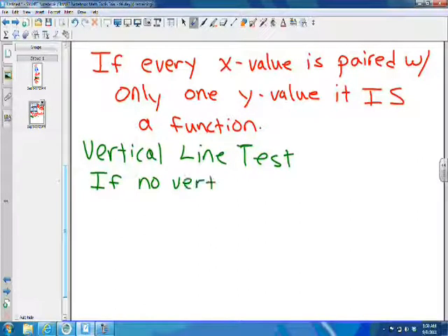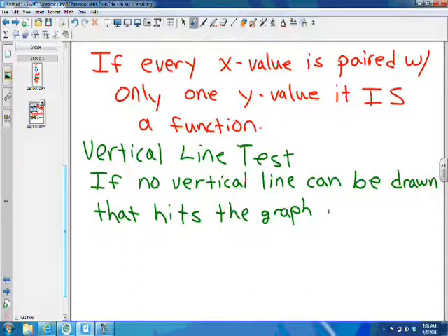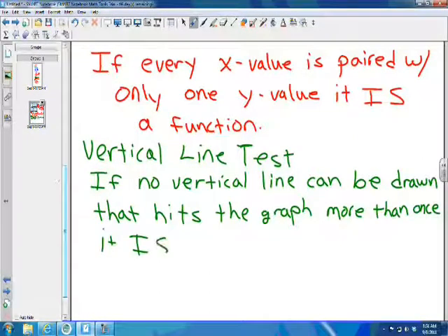No vertical line can be drawn that hits the graph more than once. It is a function. If no vertical line can be drawn that hits the graph more than once, it is a function.